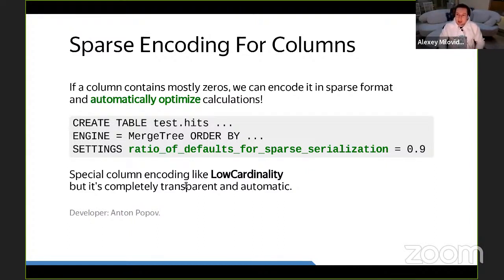But you may worry what will happen if most of the columns have data that is just zeros, or empty strings, or just default values. You don't have to worry. Data will be compressed. Data will be decompressed on the fly. Queries will work quite efficiently.